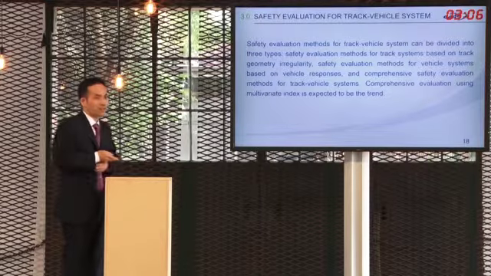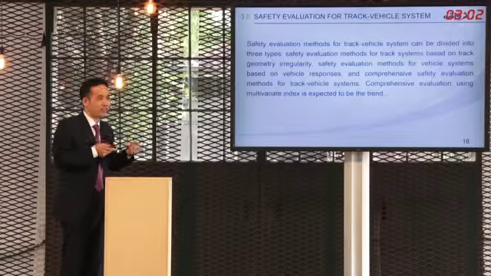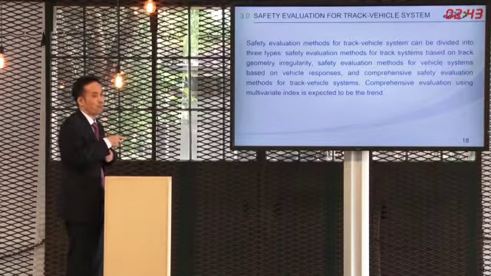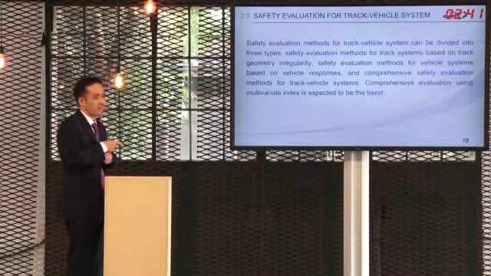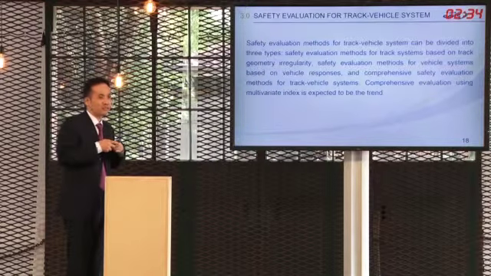Usually, there are three methods to evaluate the safety of the system. One, we use some index calculated from the contact force, such as the derailment coefficient. Another one uses the lift of the wheel set. Currently, we use the composite index. That's we combine the lift index and the contact force index.